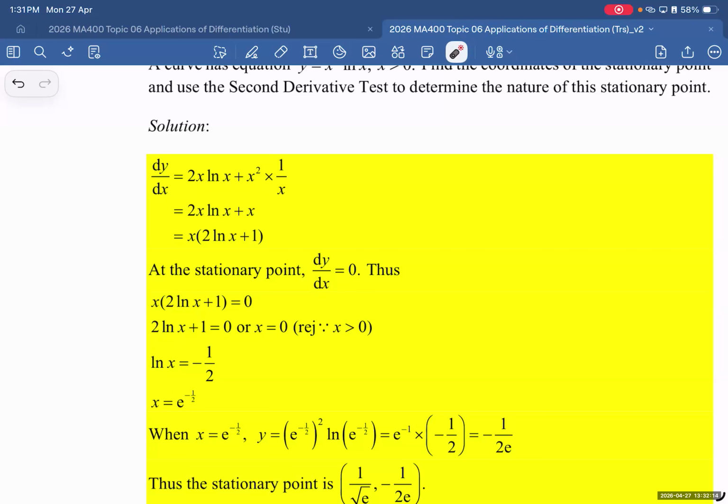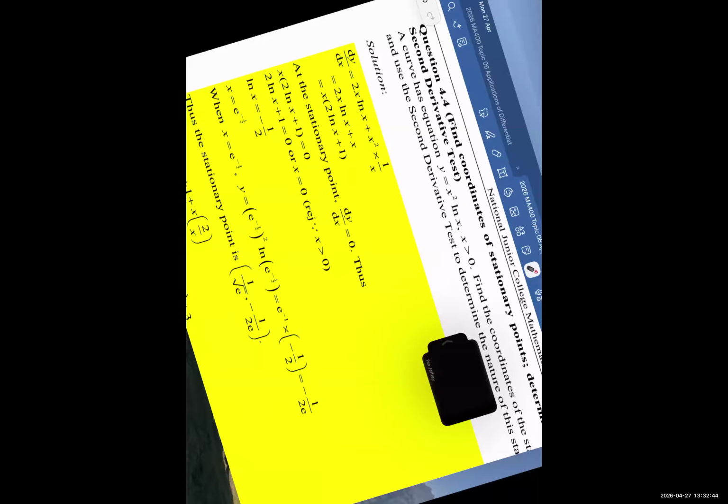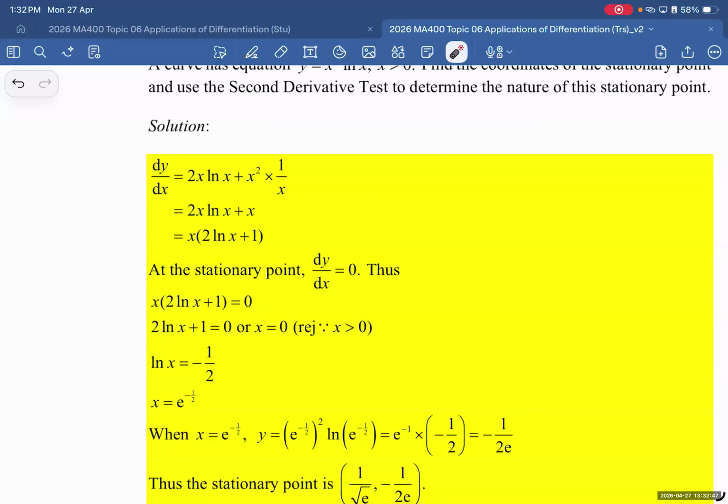Okay, so you are at 4.4. Very good. Table B here.